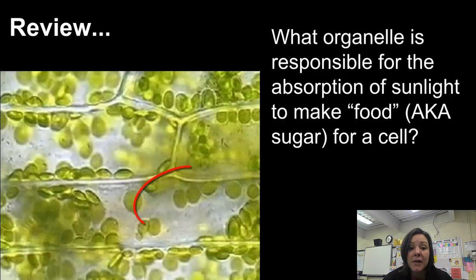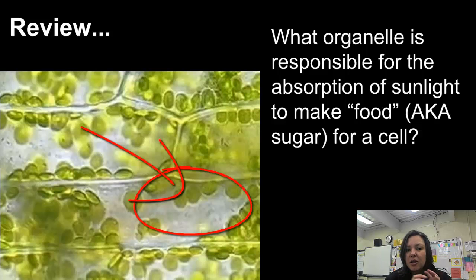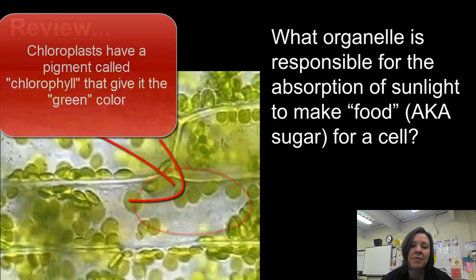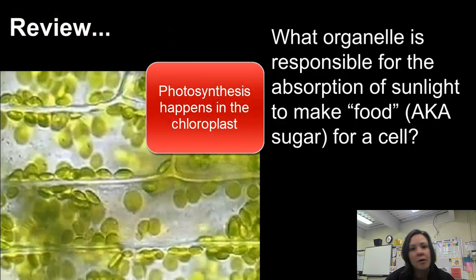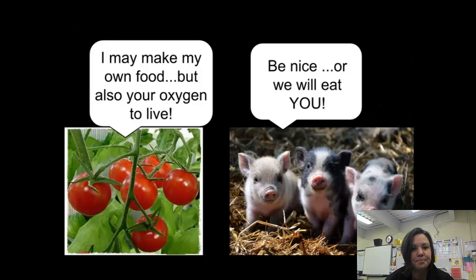Remember, chloroplasts are those little green balls inside a plant cell. The reason they're green is because they have a pigment called chlorophyll, which allows them to absorb the sunlight. And it's in the chloroplast that this magical reaction occurs, which is extremely important for us.